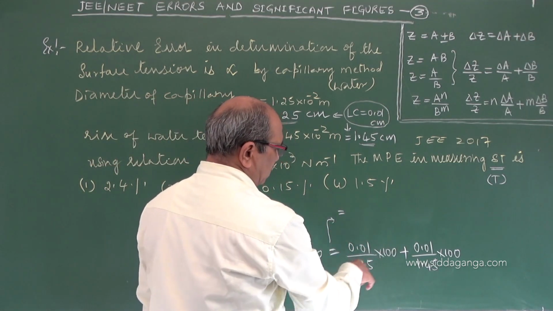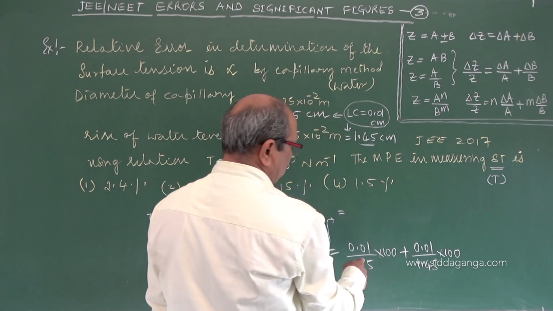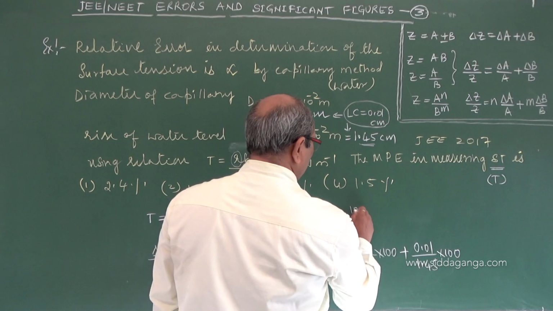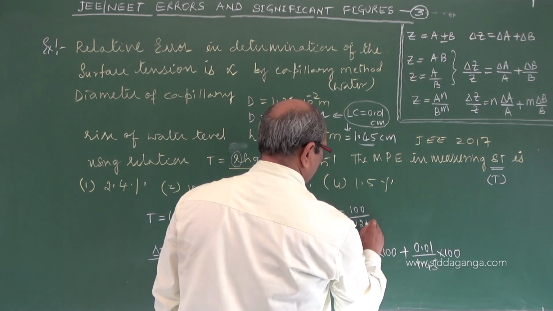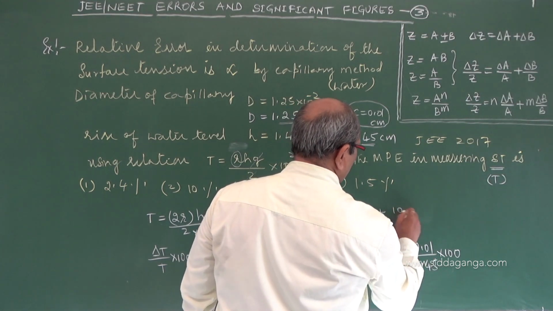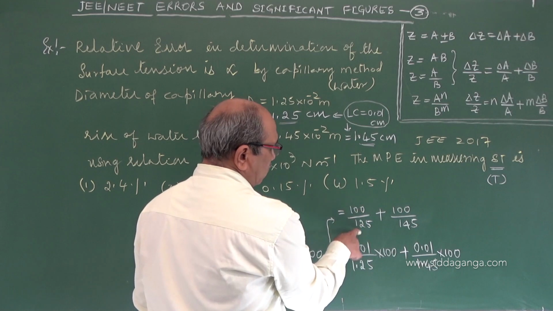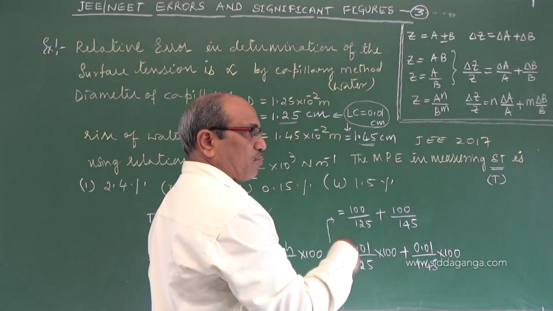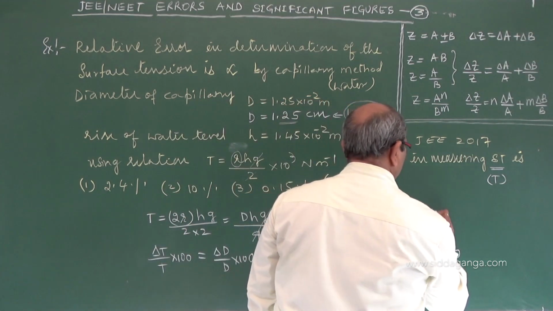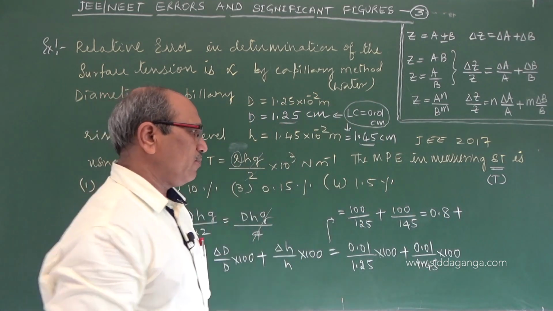If you multiply by 100 it becomes 100 by 125, shifting 2 digits, and here also shifting 2 digits, 100 by 145. The first is 4 by 5, which is almost 0.8, plus the second term.